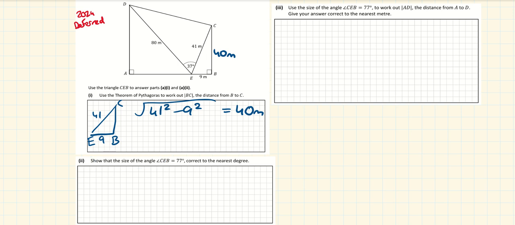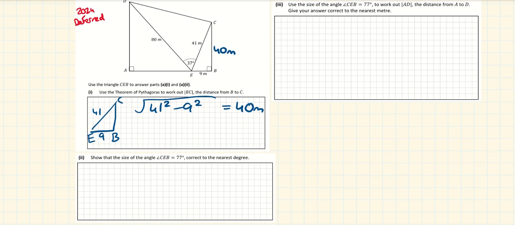Under that then, again, it's a show the size of the angle. That comes up quite a lot, to show the size of the angle is 77. So it's angle CEB, so we're working with the same triangle. We'll just leave our 41 and our 9 on it, and we'll call the angle e because that's what's in the question. So what do we have? We have a hypotenuse and we have an adjacent.